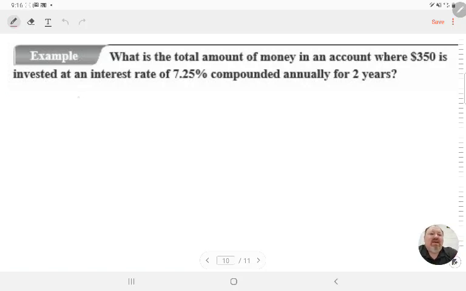So I would say interest equals 350 times 0.0725 times compounded annually, 1 for 2 years. So I have to do this twice. So 350 times 0.0725 times 1.